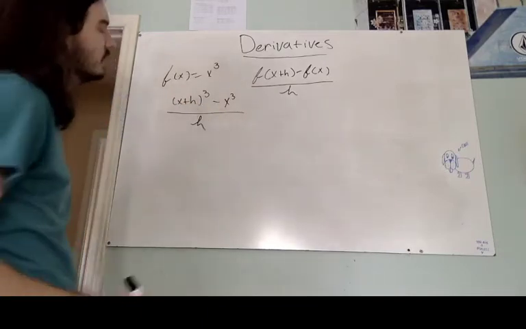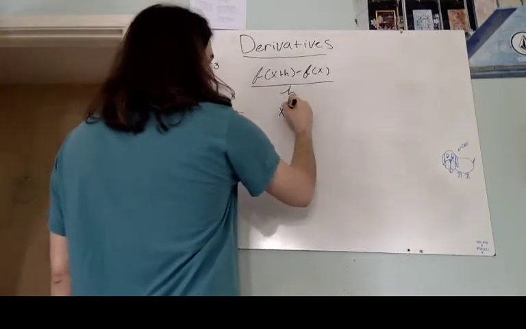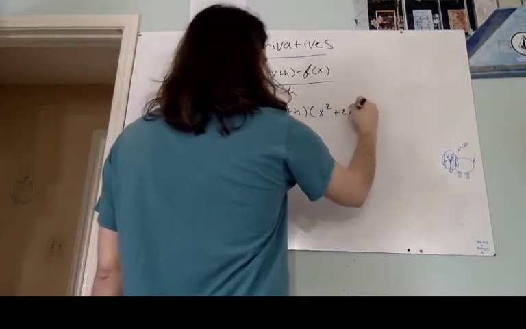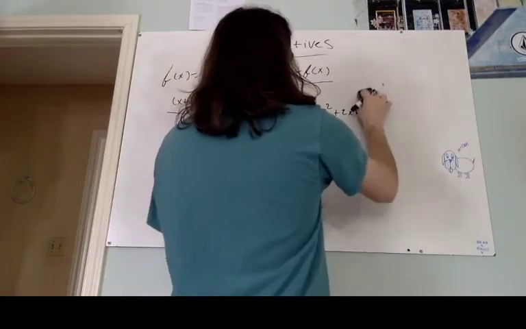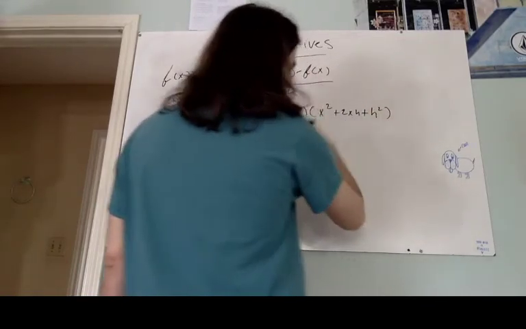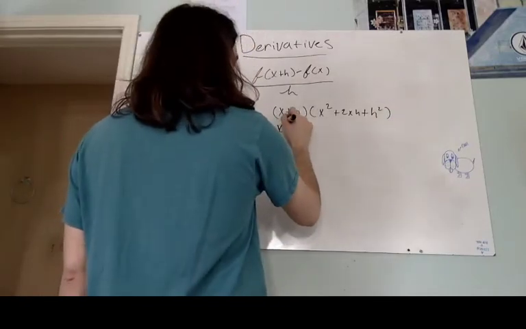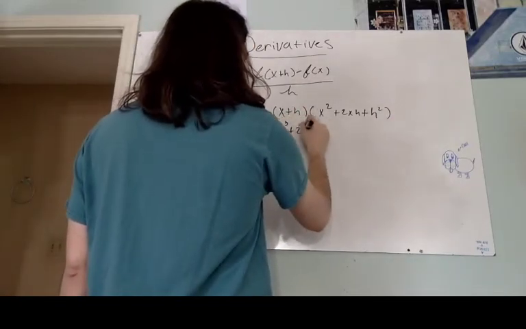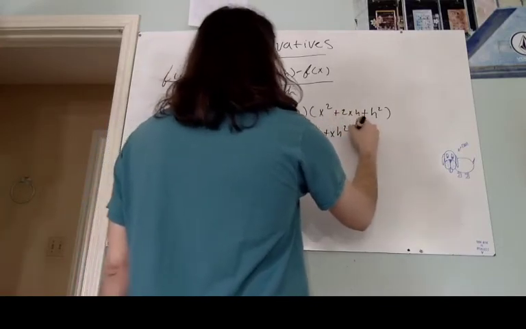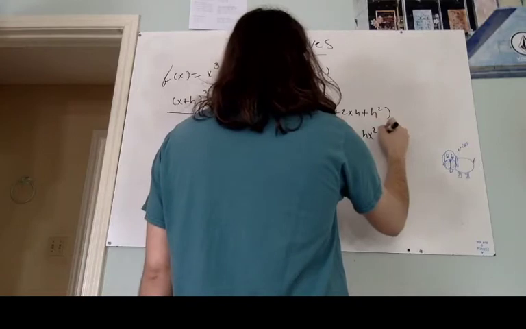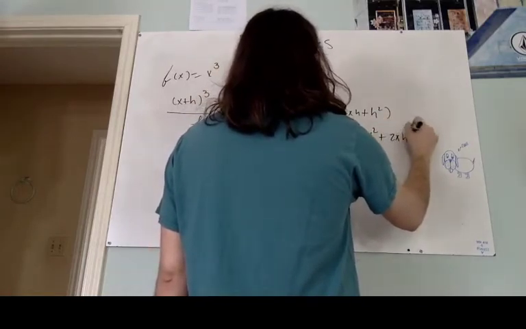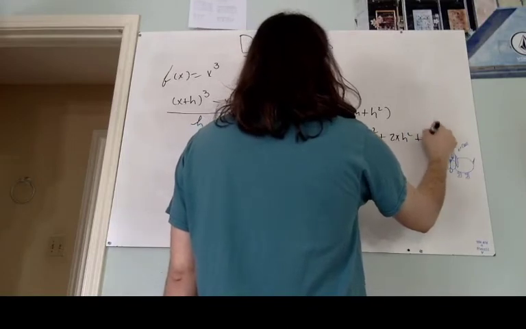So if we expand this, we're going to get, let's see here, x plus h times x squared plus 2xh plus h squared. And we need to expand that, so we're going to get x cubed plus 2x squared h plus xh squared plus hx squared plus 2xh squared plus h cubed.